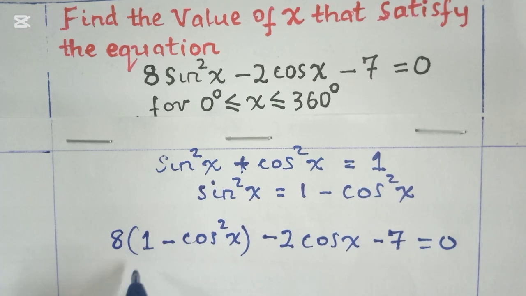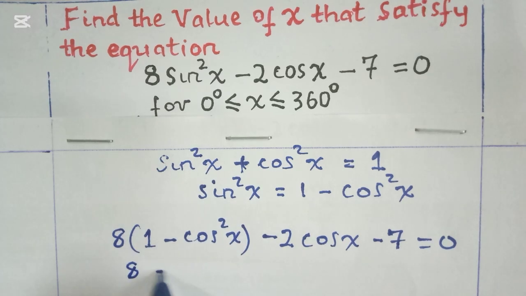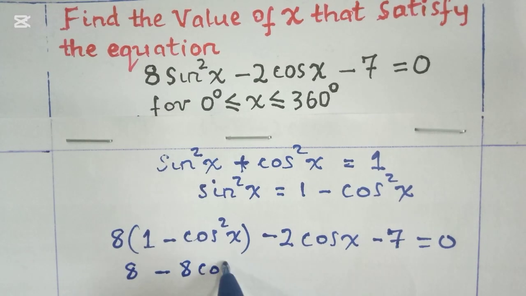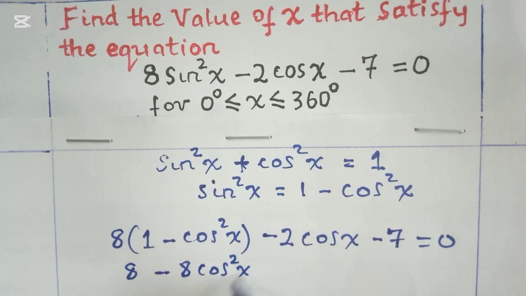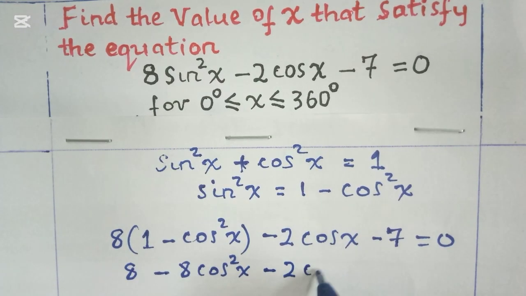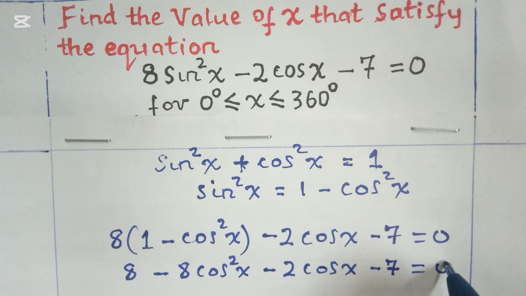Multiplying into the bracket, that will be 8 minus 8 cos squared x minus 2 cos x minus 7 equals 0.